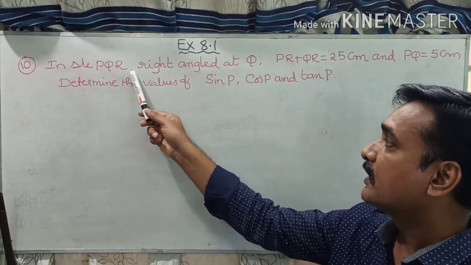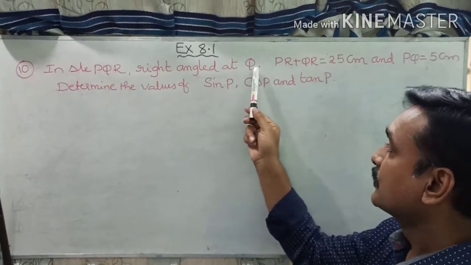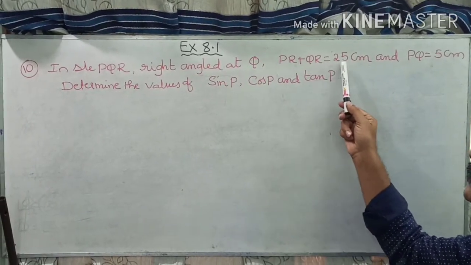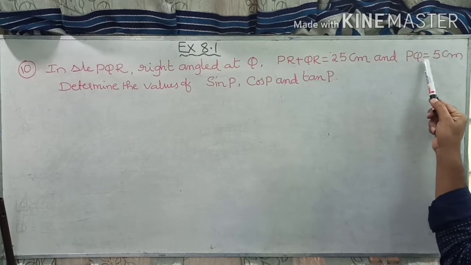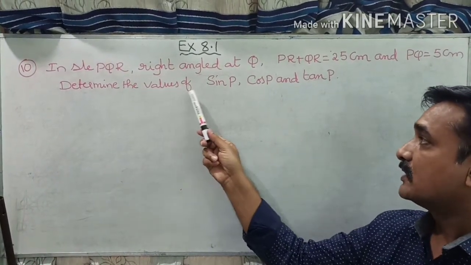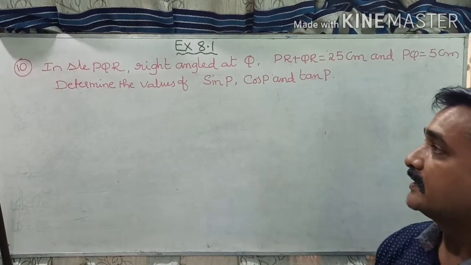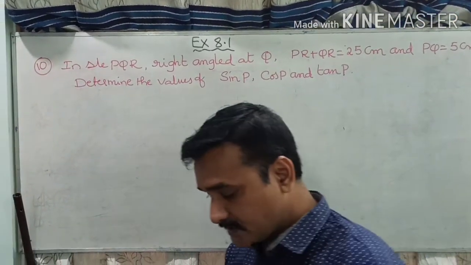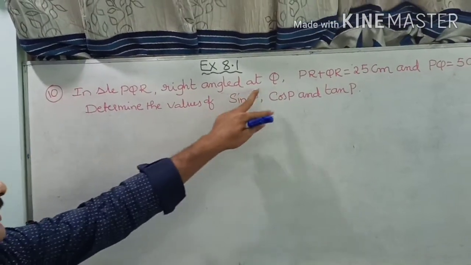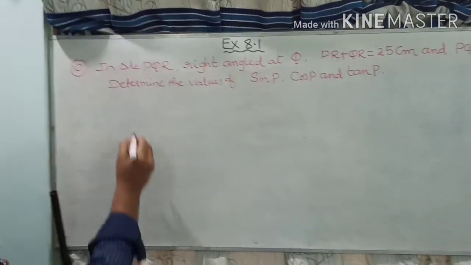In triangle PQR, right angle at Q, they have given PR plus QR equals 25 centimeters and PQ equals 5 centimeters. Determine the values of sin P, cos P and tan P. So first, in triangle PQR, right angled at Q, take one right angle triangle.